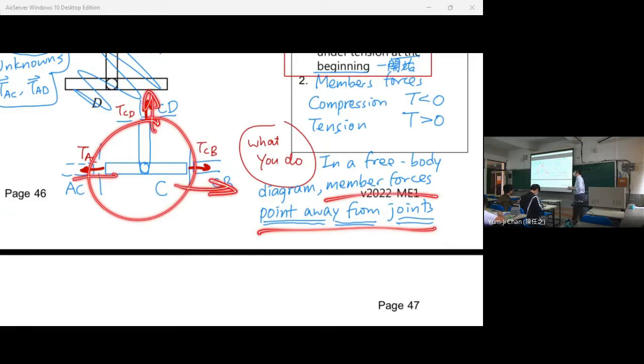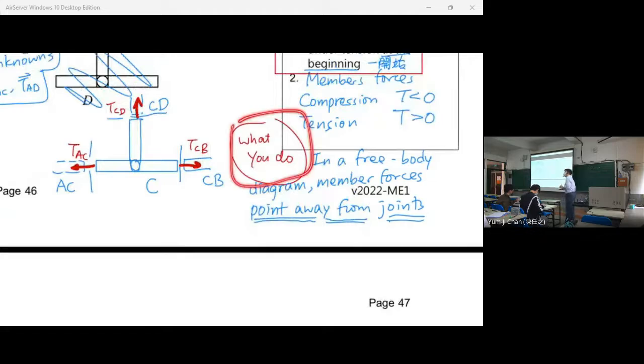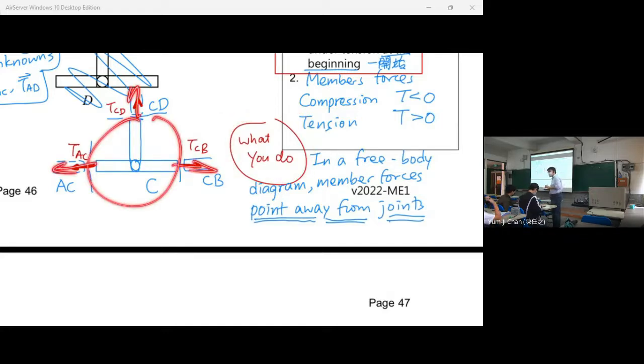If you forget the first point, it's fine. But what you should do in drawing the free body diagram is remember to put all member forces away from the joint.